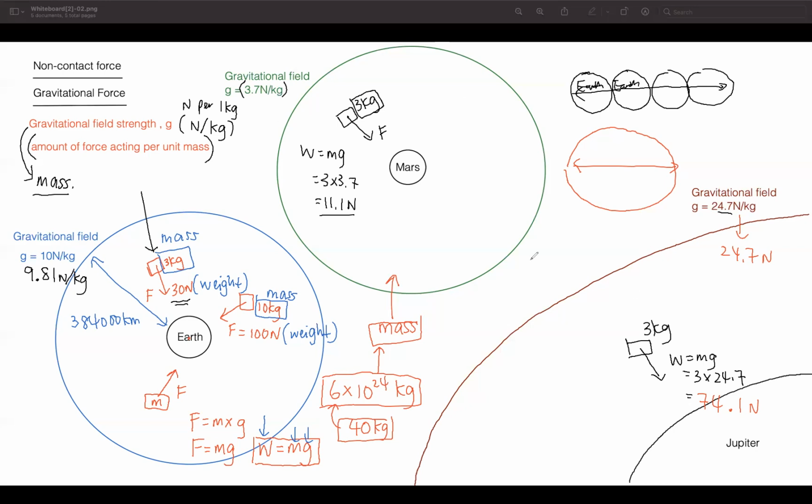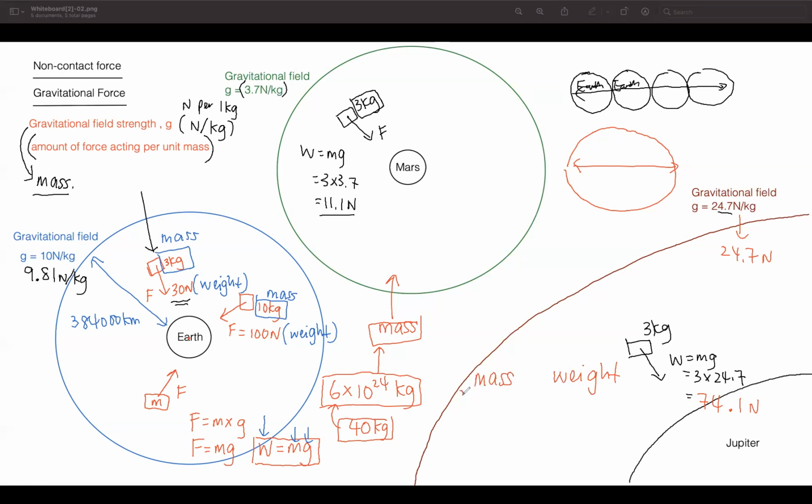Okay, so in this part, you need to be able to tell the differences between mass and weight. It might come out in the exam. Let's do a table to see what is the difference between mass and weight. First, you talk about definition.